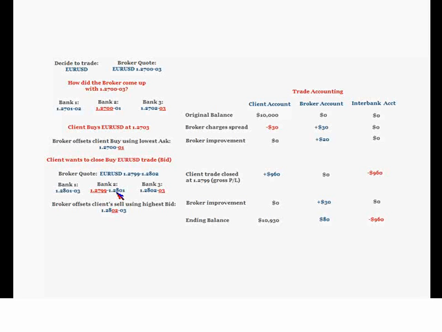So at that point, they have to decide, how do I want to manage this risk? Do I offset it in the interbank market and basically send a trade for the difference, or not? And that's a very internal decision. You and I probably will not know the answer to these questions.